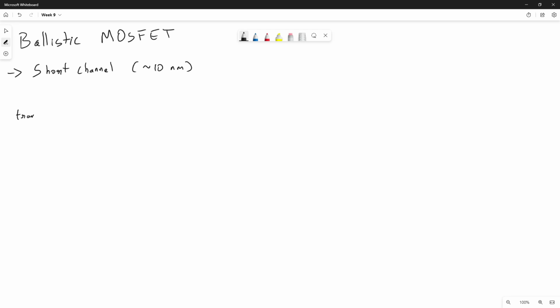Let us just write it as the transport characteristics of a ballistic channel. So the two equations that you guys might have seen very early in this course, maybe in week 3 or week 4. Those are these, N and I.